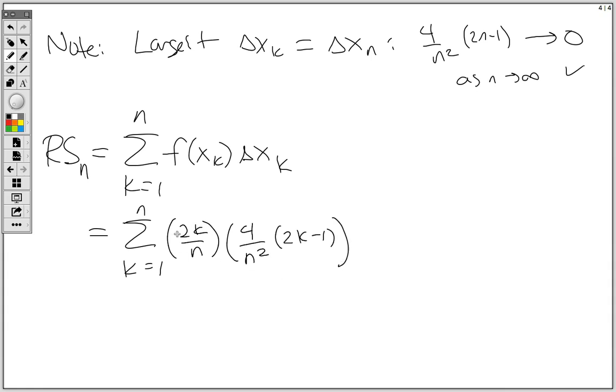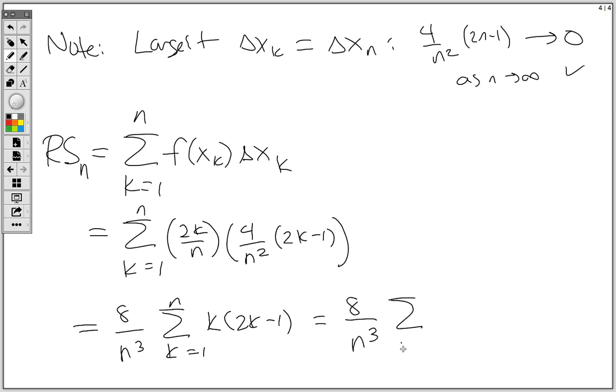And as before, we factor out everything that doesn't depend on k, because k is the counter here. So I have a 2 times a 4, that's 8 over n cubed, times the summation k goes from 1 to n of k times 2k minus 1, which is 8 over n cubed, summation k goes from 1 to n of 2k squared minus k.